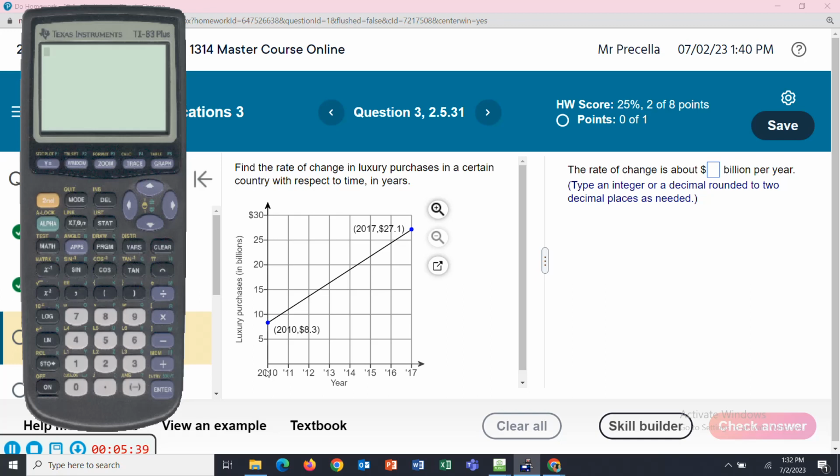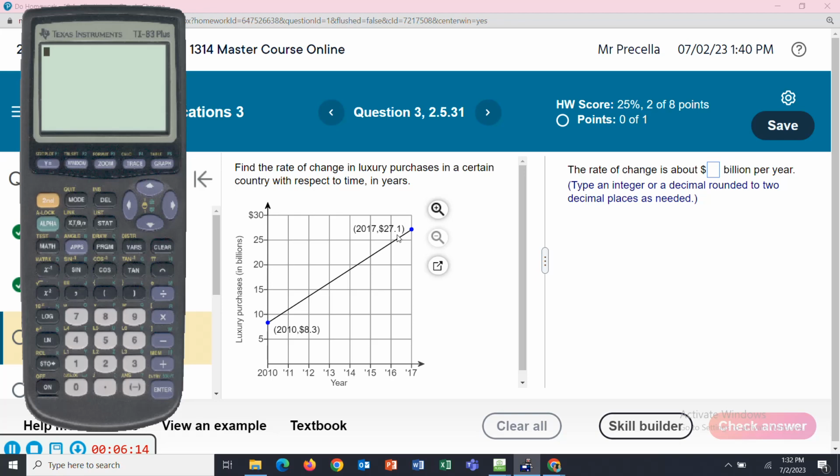So it looks like the rich have gotten richer in this country from 2010 to 2017. The amount of money spent on luxury purchases has risen from 8.3 billion to 27.1 billion. So a rate of change is the same thing, or just another way of saying the slope.